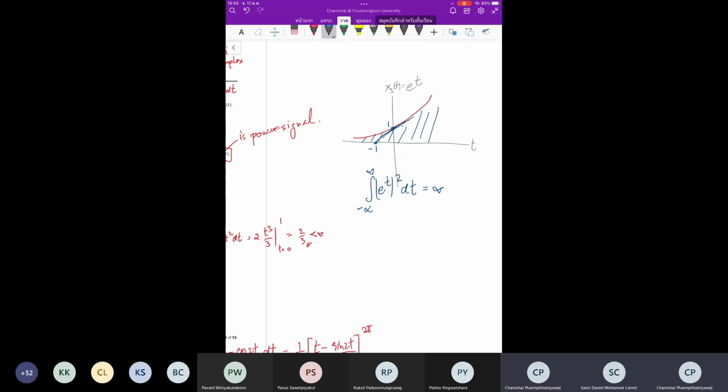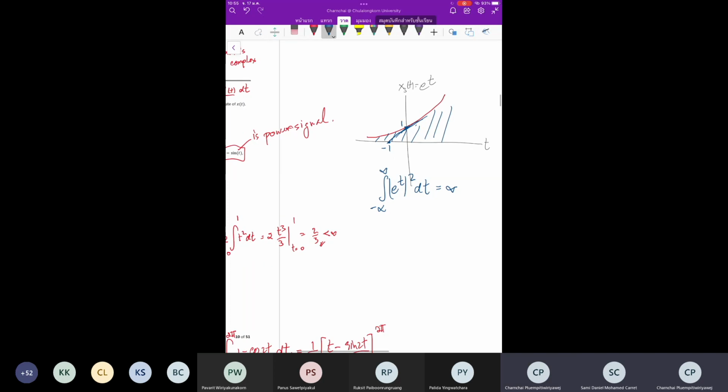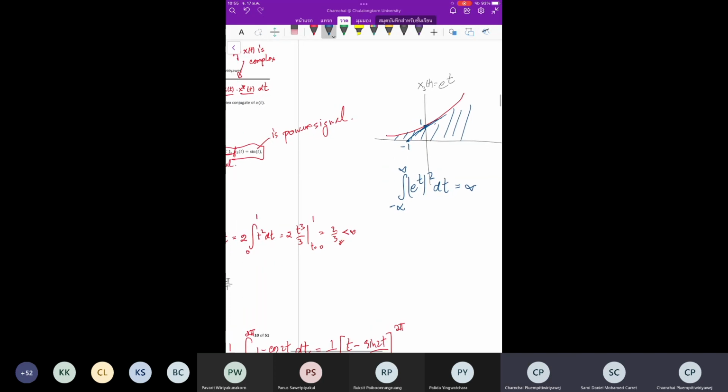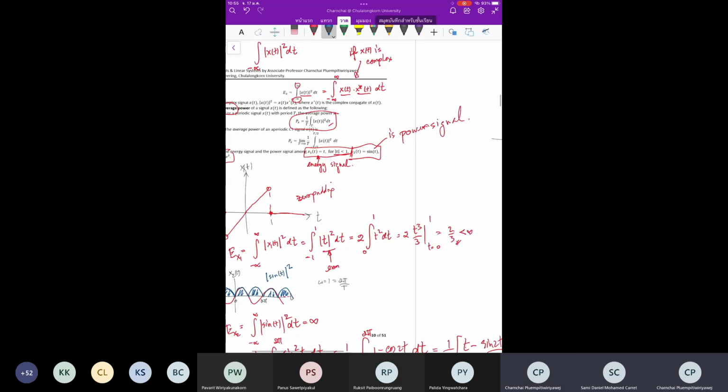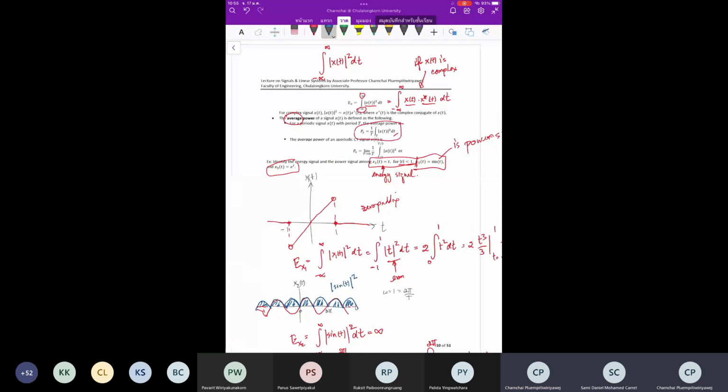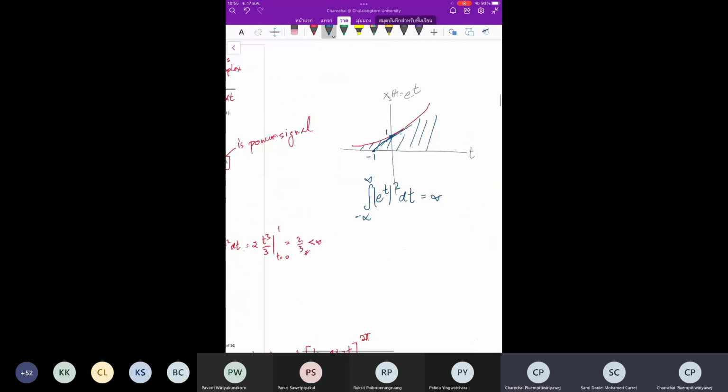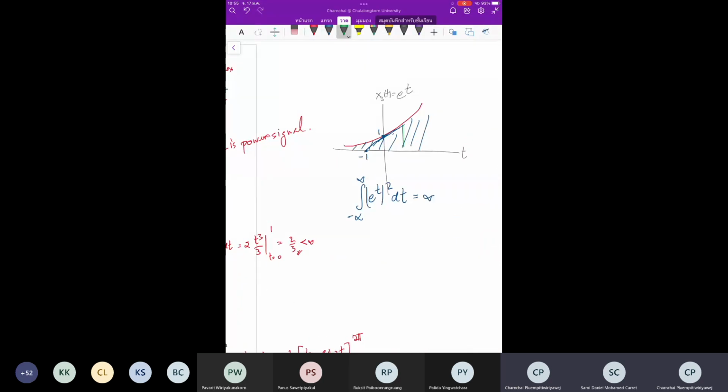So it's not an energy signal. Now we want to find the average power. How do you find the average power? Well, we start with integrating from -T/2 to T/2, like this. That's the whole period T.